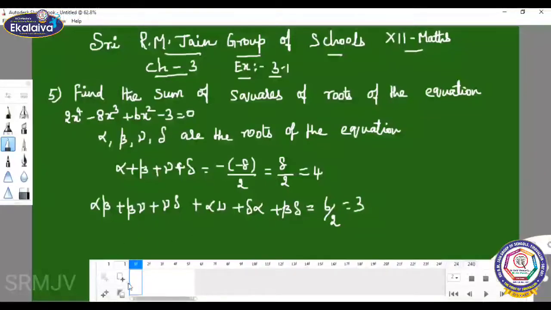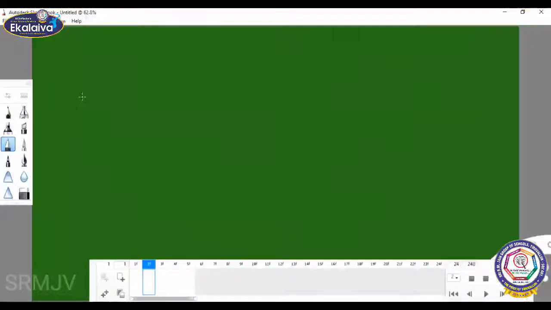What is the formula for a plus b plus c plus d the whole square? You studied this in the 8th standard itself.